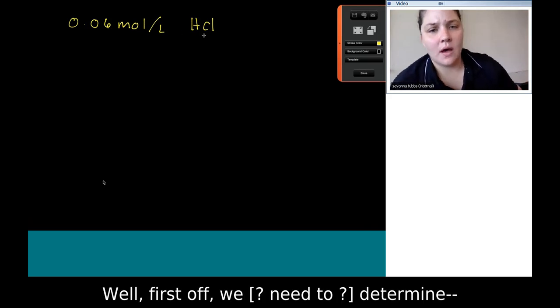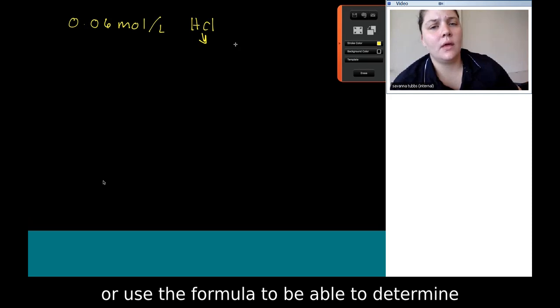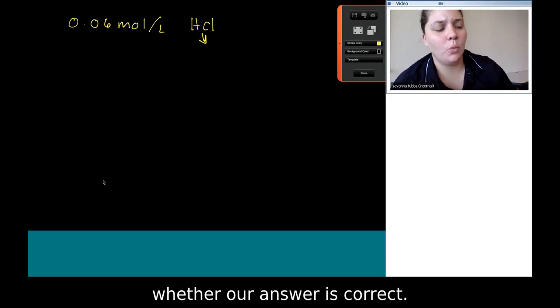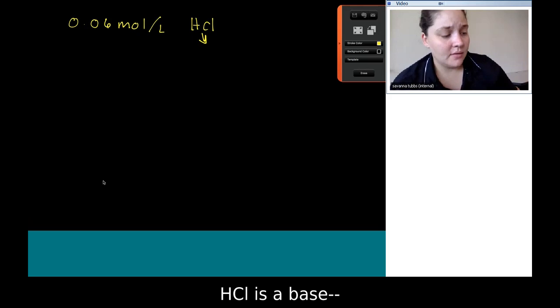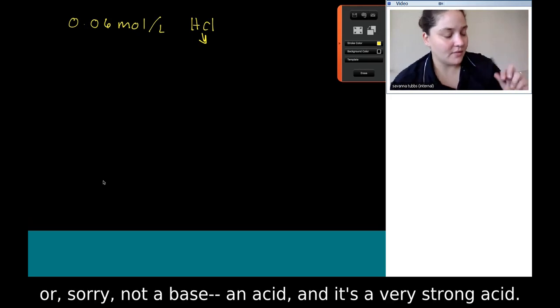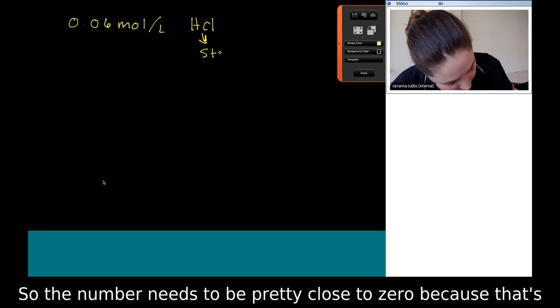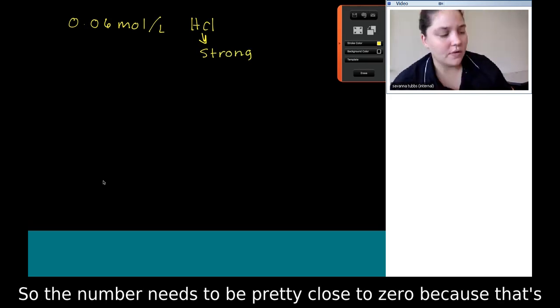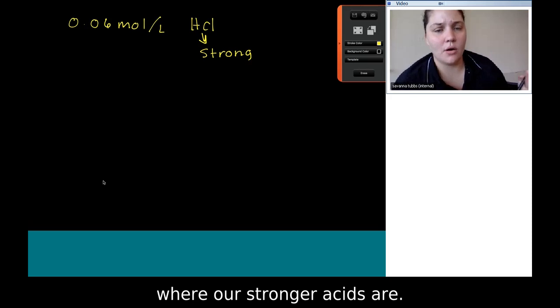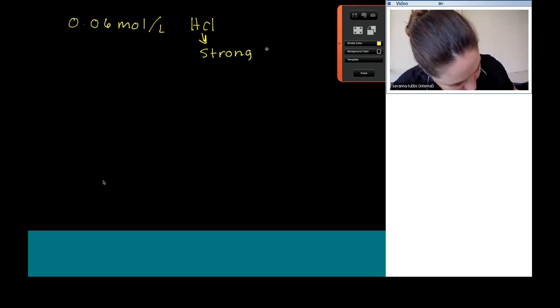First off, we can use the formula to determine whether our answer is correct. HCl is an acid, and it's a very strong acid. So the number needs to be pretty close to 0, because that's where our stronger acids are.